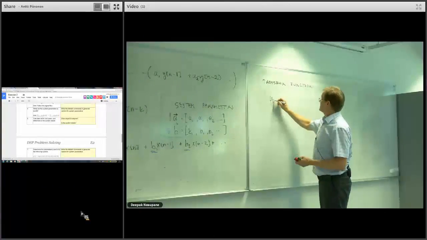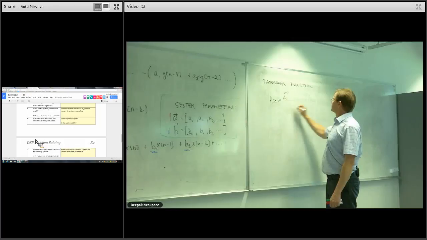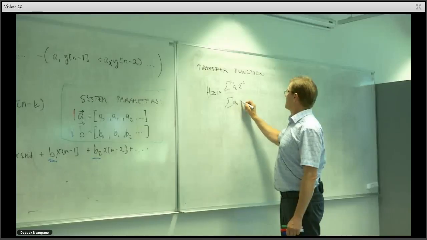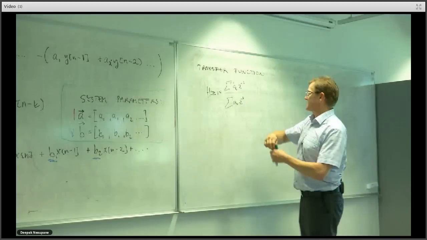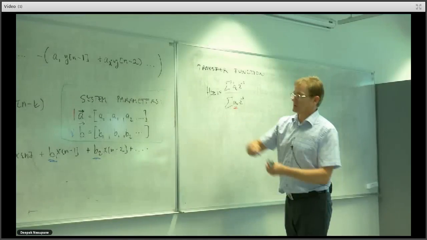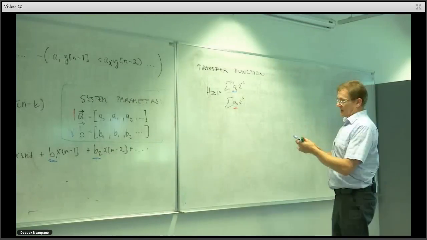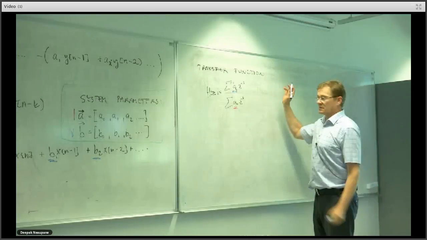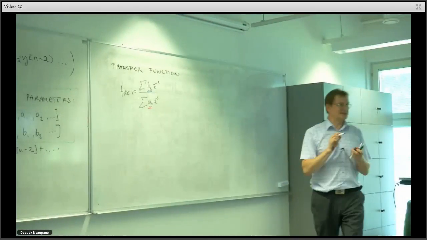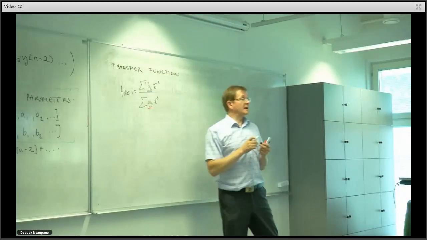The transfer function H of z was simply the sum of b k z to the minus k over the sum of a k z to the minus k, so it has exactly the same values as the system parameters. Okay, and basically then in MATLAB you can simply say zplane, and it calculates those values and shows you the Argand diagram without the gain, which was b0 divided by a0.